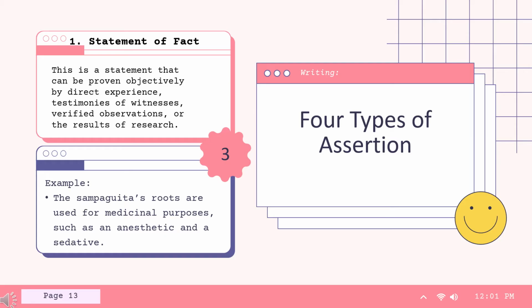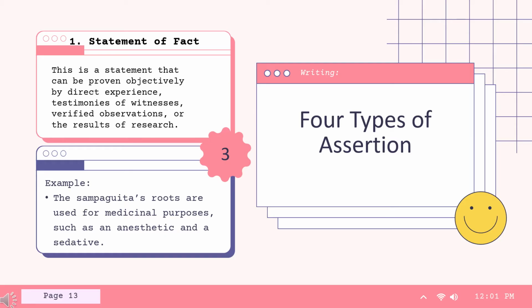First of all, we have statement of fact. This is a statement that can be proven objectively by direct experience, testimonies of witnesses, verified observations, or the results of research. Like for example, the Sampaguita's roots are used for medicinal purposes, such as anesthetic and sedative.